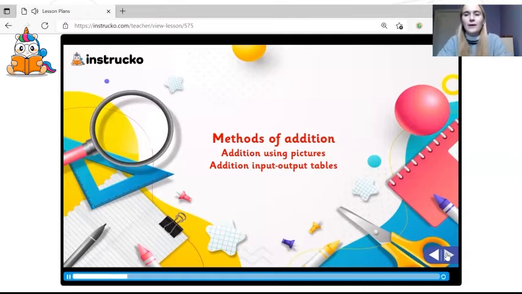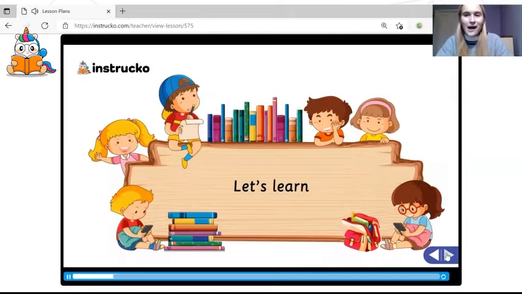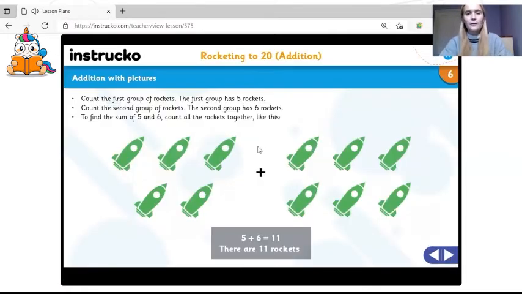Okay, so now we are looking at methods of addition. Let's learn. First of all, we are looking at addition with pictures. When we're looking at addition with pictures, we have to count the first group of rockets. In this first group, we can count 1, 2, 3, 4, and 5 rockets.